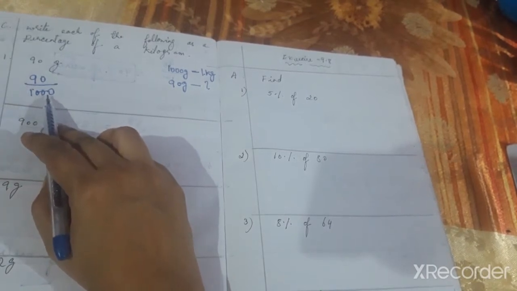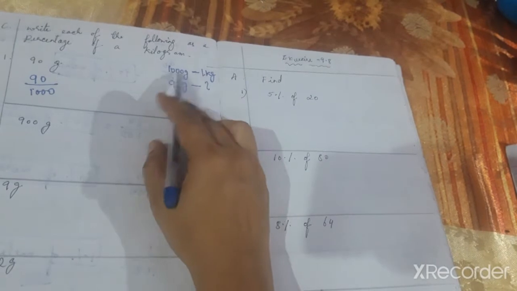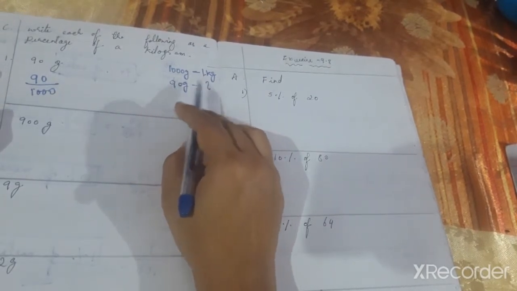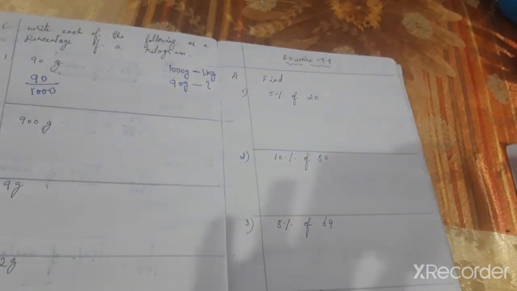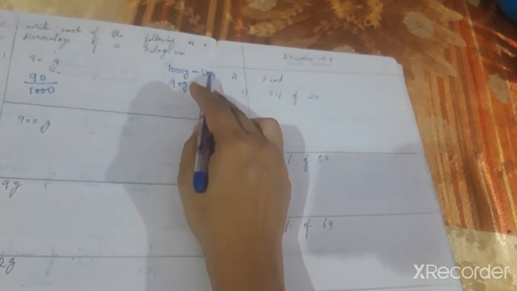So in the previous question, to convert paisa into rupees means divided by 100, and to convert centimeter into meter means divided by 100. Write the standard units. Then 90 gram we have to convert into kg. 90 into 1 divided by 1000.